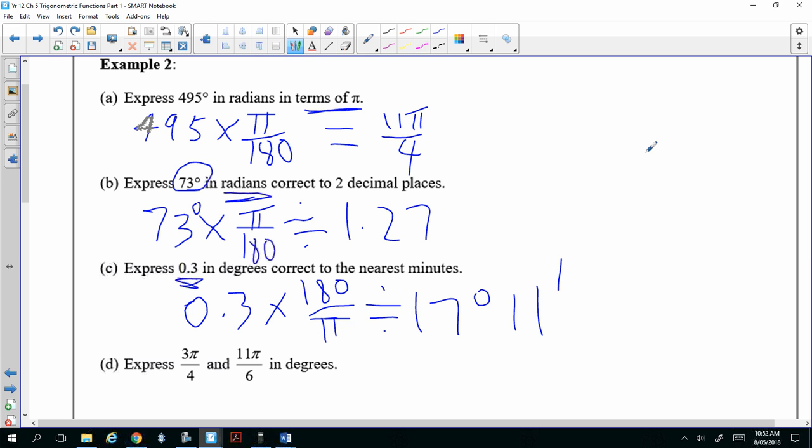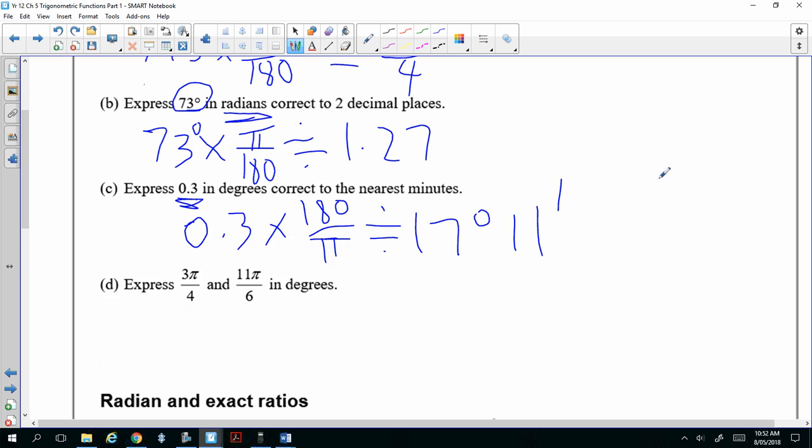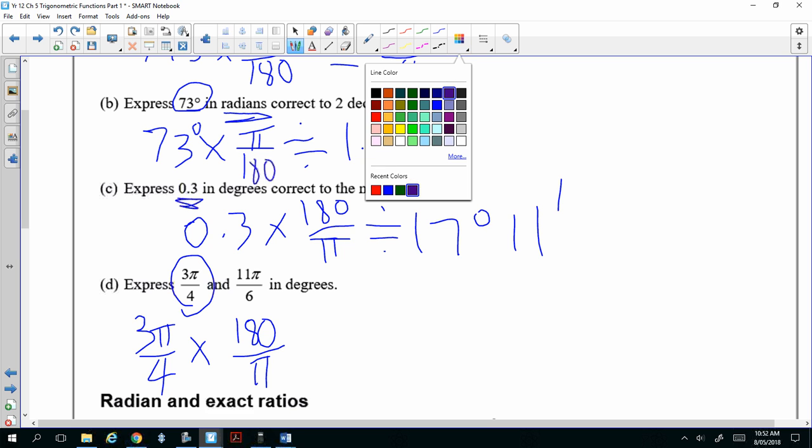Okay, good. Now how about this one? Convert these to degrees. So you're going to write 3 pi over 4. To convert to degree, you times by 180 over pi. Now you see that the pi get cancelled. So you just find 3/4 of 180.